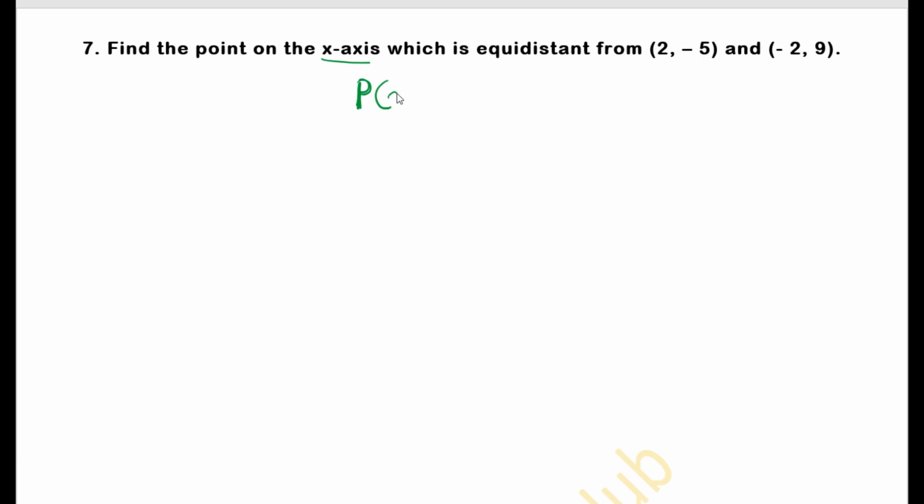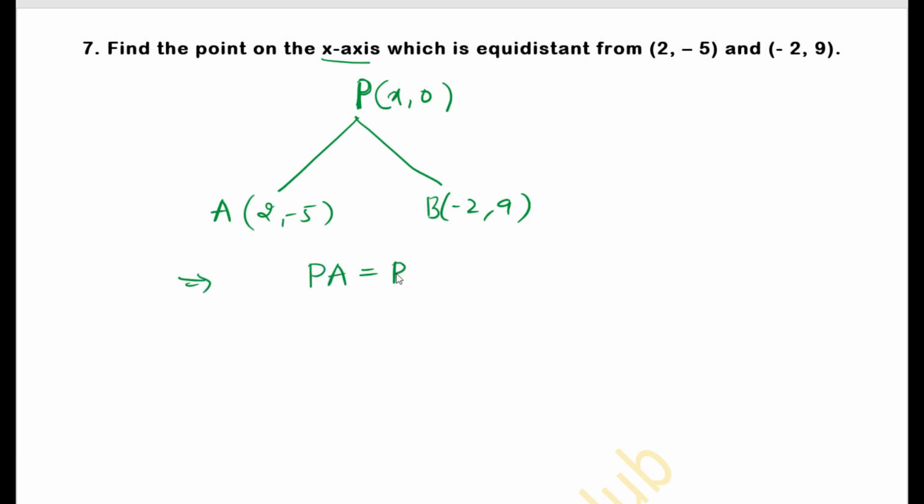On the x-axis it will be of the form x, 0, which is equidistant from another 2 points, that is 2, minus 5 and minus 2, 9. Consider this as point A and point B. Equidistance means the length PA will be equal to PB.